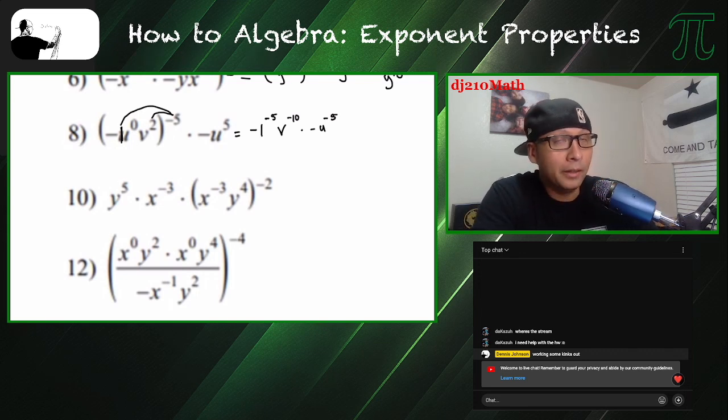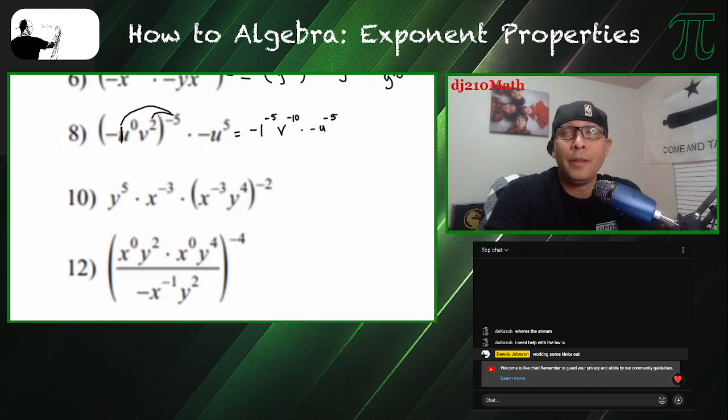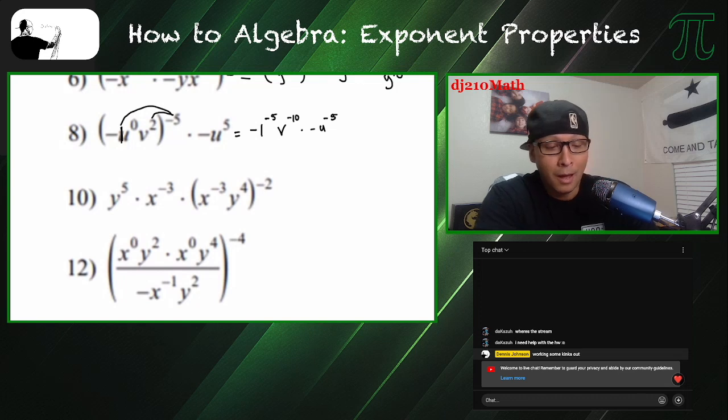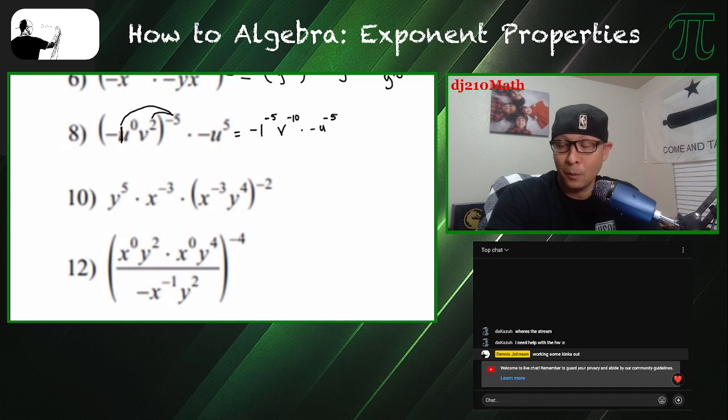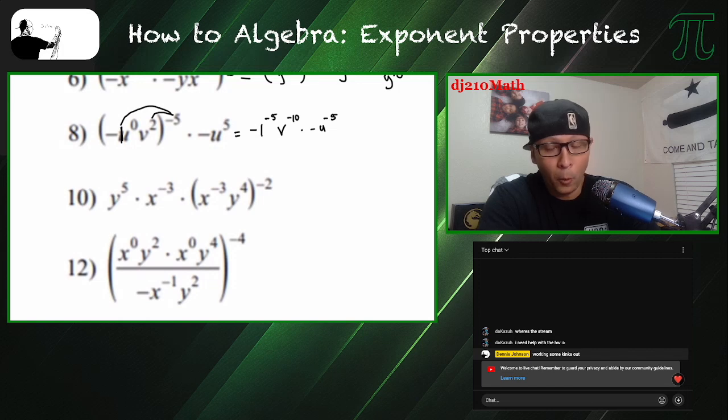So negative 1 to the negative 5 power. We know that the negative power is going to push the negative 1 into the denominator. Well, dealing with 1 or negative 1, it's actually easier than that. Whether you have 1 or 1 over 1, at the end of the day, it's still 1. So I'm not too worried about pushing it to the denominator.